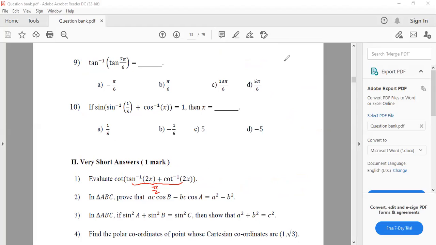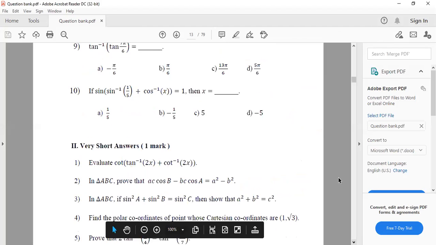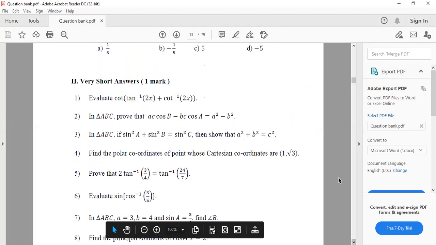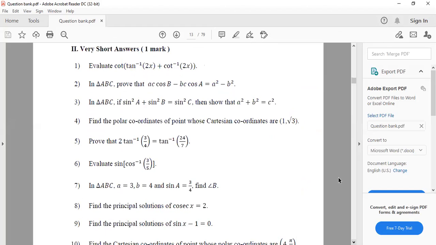Okay, fine. So the next question, the fifth one. Tan inverse 3 by 4 plus tan inverse 3 by 4. What to do in it?